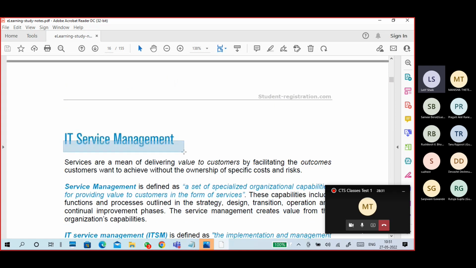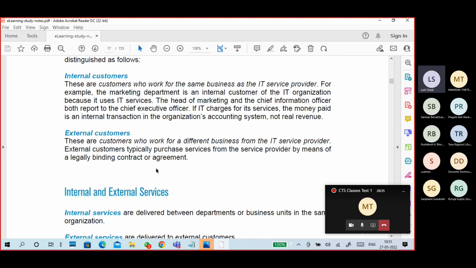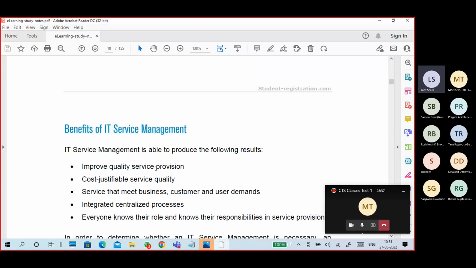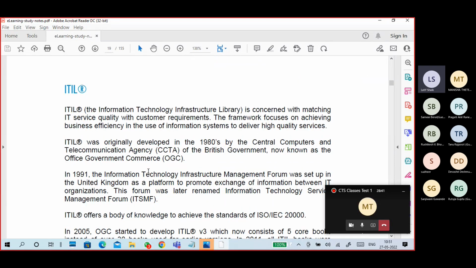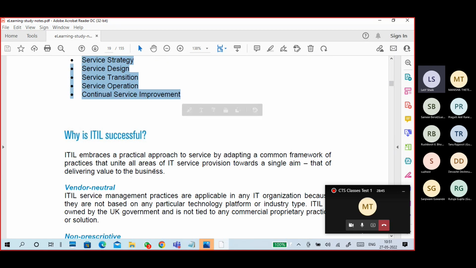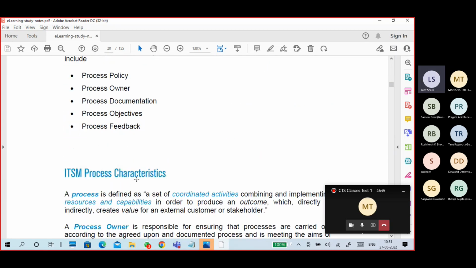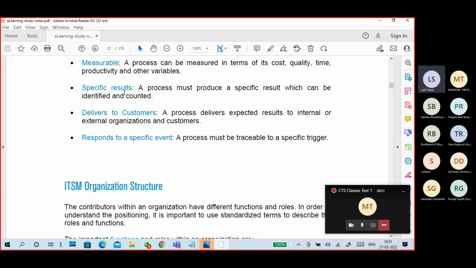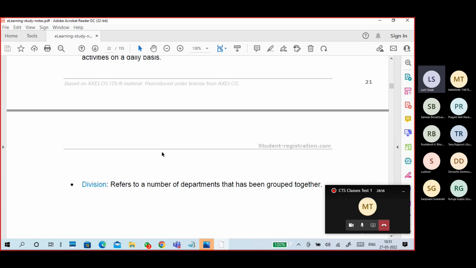Yesterday we discussed IT service management, what the life cycles are, and the benefits. Each life cycle has so many points, guys. It's not required to read every single point.